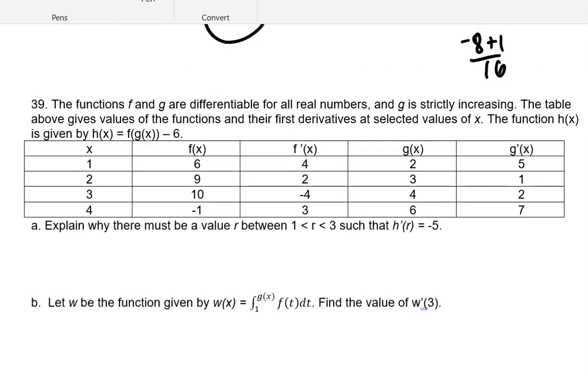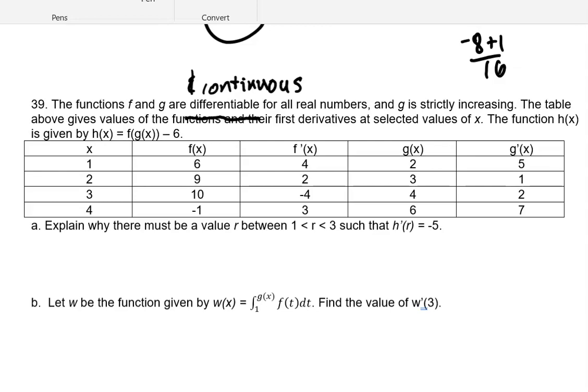So the big thing here is they are telling you that our function is differentiable. What that then also guarantees is that our function must be continuous.